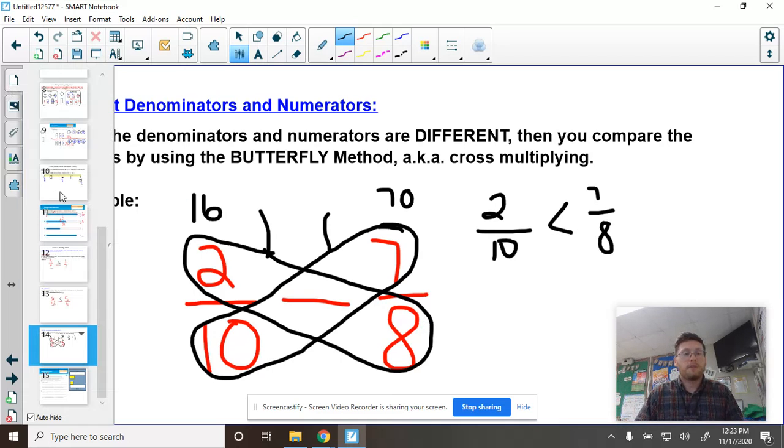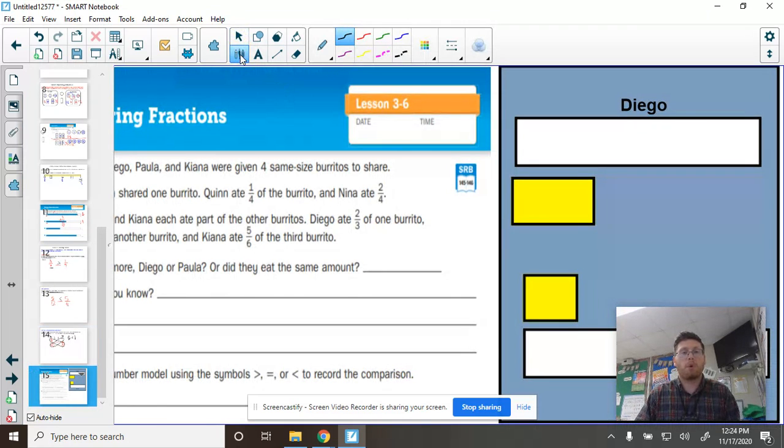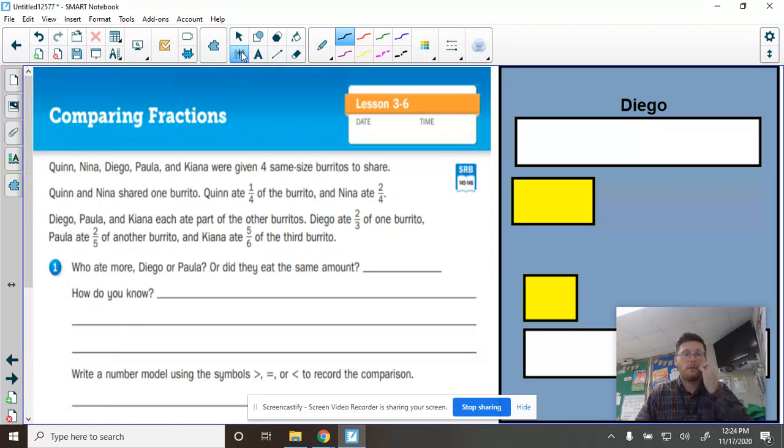Next, we're going to be working on lesson 4 in your book. I'm going to read this first part. We're only going to do number 1 together, and then you can answer the rest from there. It says, Quinn, Nina, Diego, Paula, and Kiana were given 4 of the same size burritos to share.